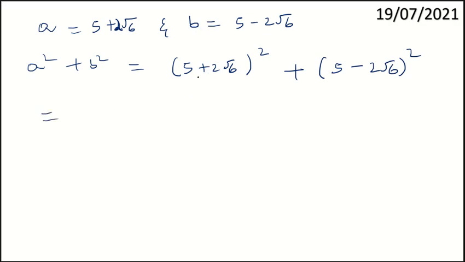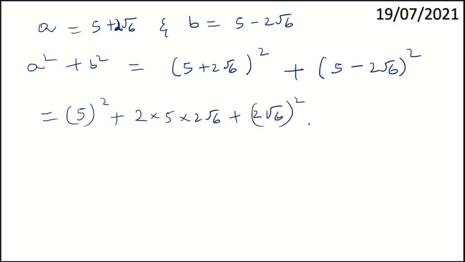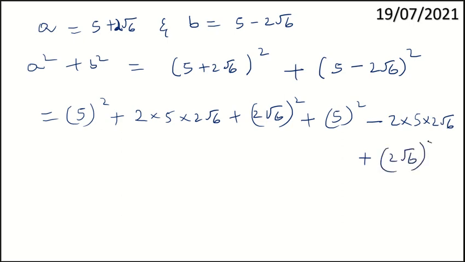Now, it is in turn x plus y whole square. It looks like 5 square plus 2 into 5 into 2 root 6 plus 2 root 6 whole square, plus again 5 square, expanding this x minus y whole square, minus 2 into 5 into 2 root 6 plus 2 root 6 whole square.